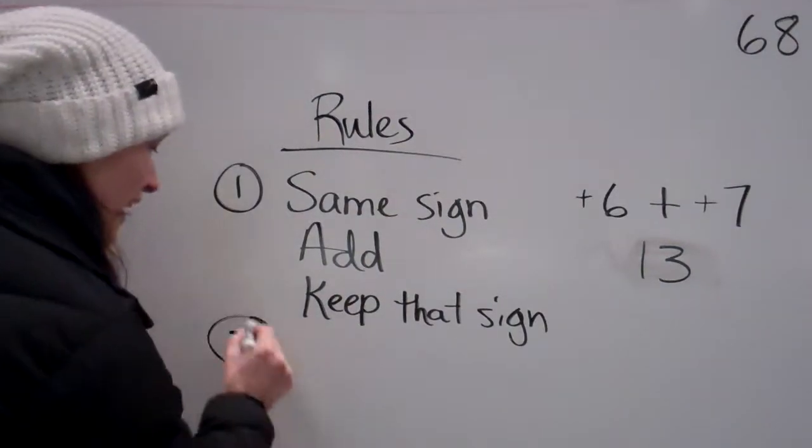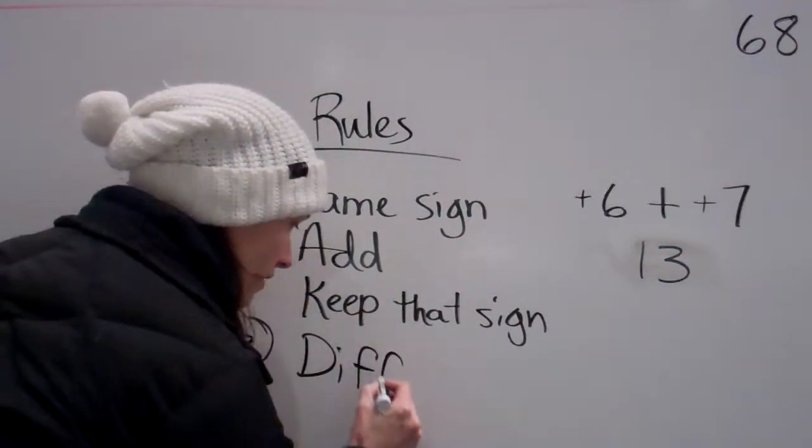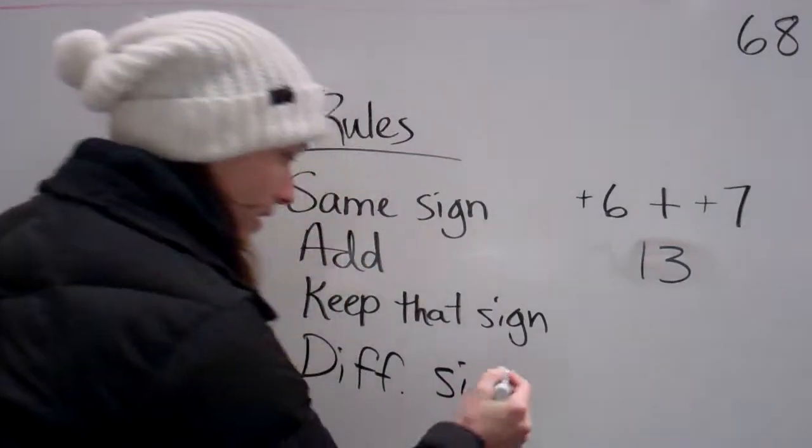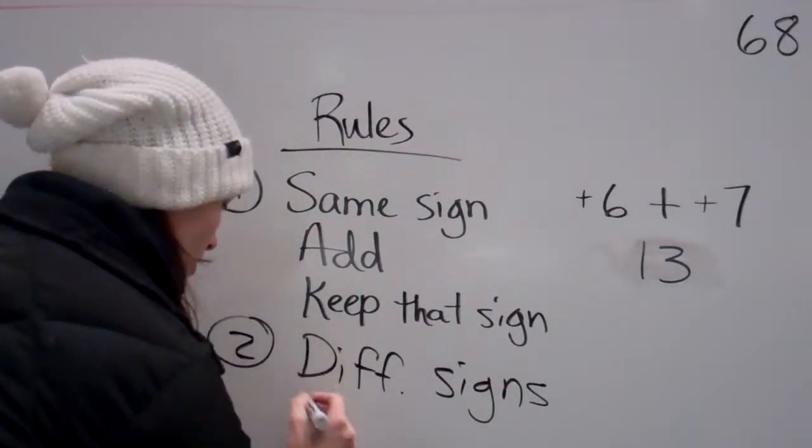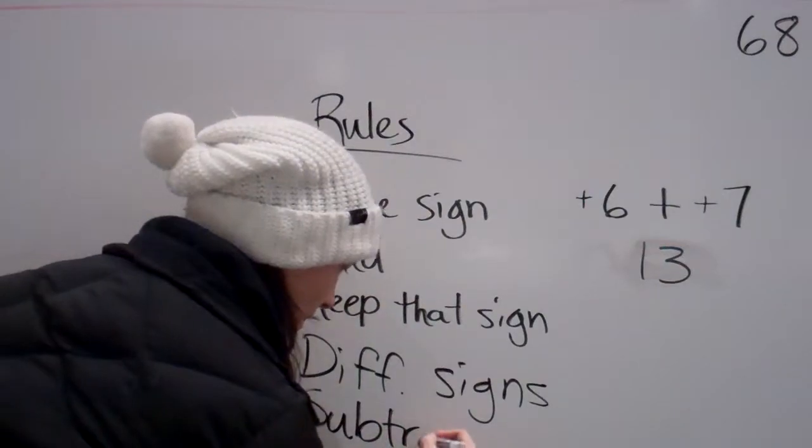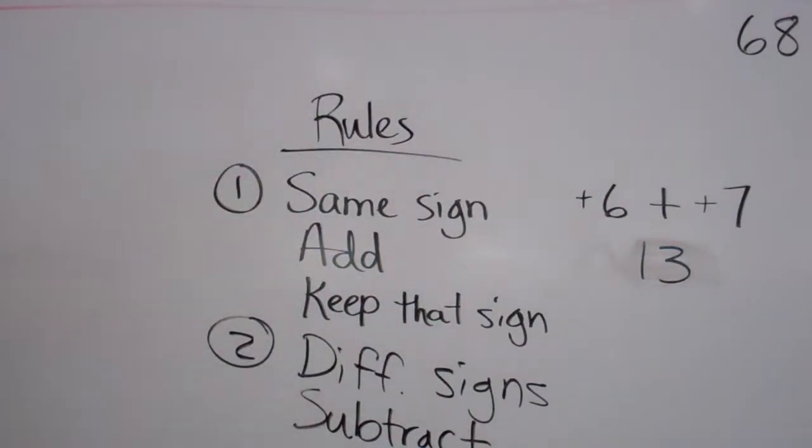Number two, if you have different signs, what are you going to do? You're going to subtract, okay? You may not have learned this by these rules, but this is something I'm wanting you to go by from now on, okay?